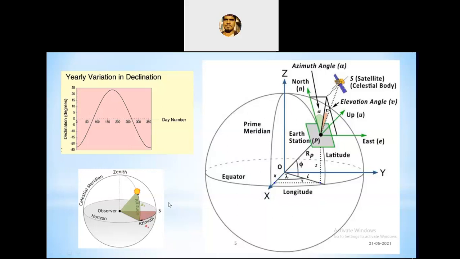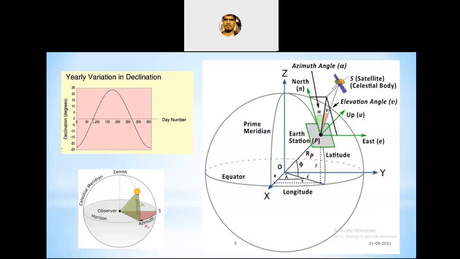It is positive in some seasons and negative in other seasons, because the earth is rotating on its own axis as well as revolving around the sun, so the declination angle is always changing. This is positive and this is negative. Let us assume the positive angle is 23.5 degrees.